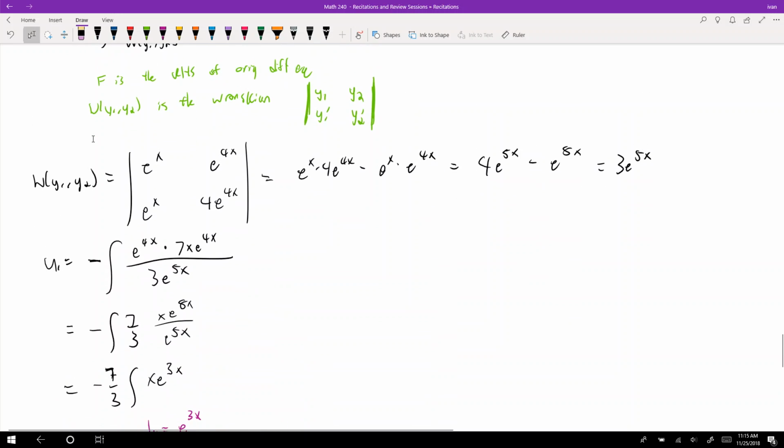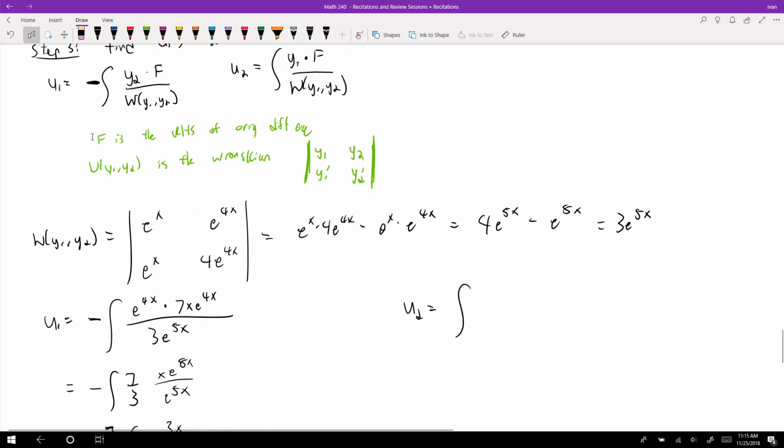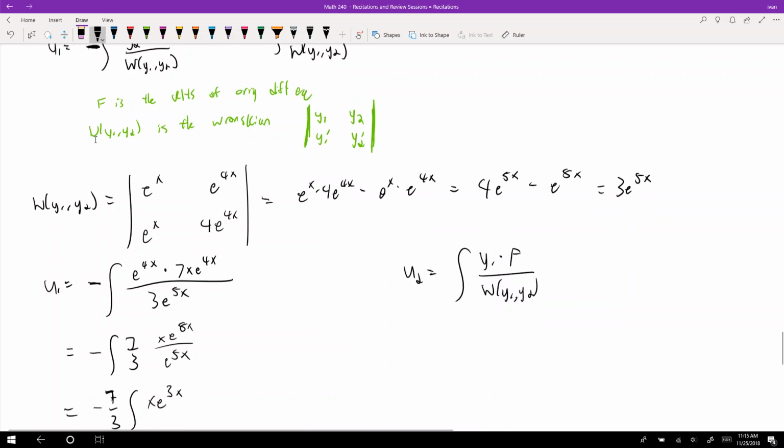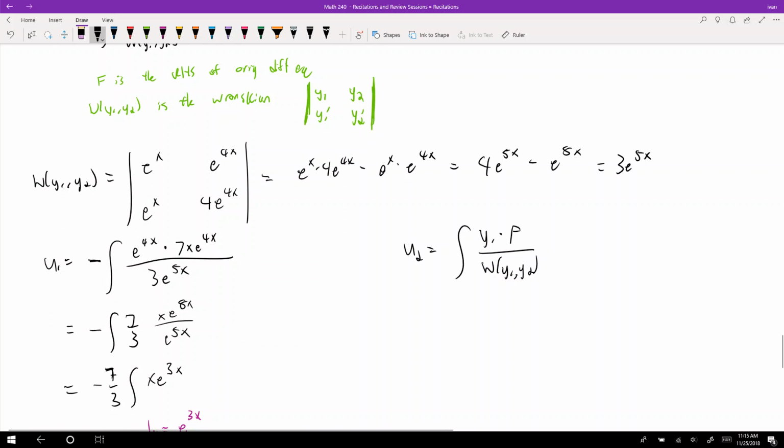Then the next part is to find u2. And u2 is equal to the integral of y1 f over the Wronskian of y1, y2. So that's equal to the integral of e to the x times 7x e to the 4x divided by 3 e to the 5x.